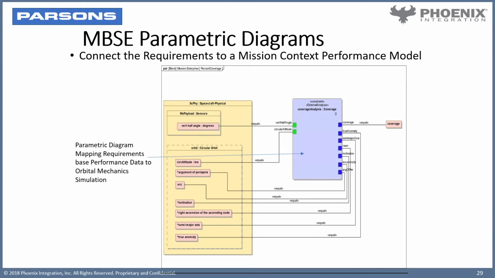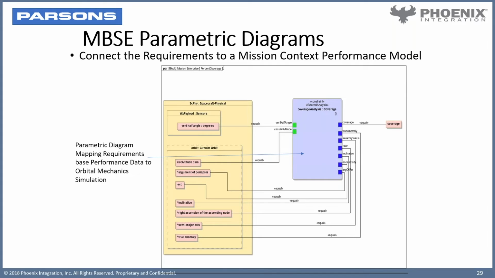We can see here on the left the value properties from their structure diagrams, or their block definition diagrams, are exposed, and we've linked that over into a constraint block that has an external analysis stereotype that is pointing to a ModelCenter workflow. So we're going to feed in a couple variables from the value properties, the vertical half angle and the circular altitude, and that's going to calculate a range of responses. Most importantly is the coverage here.